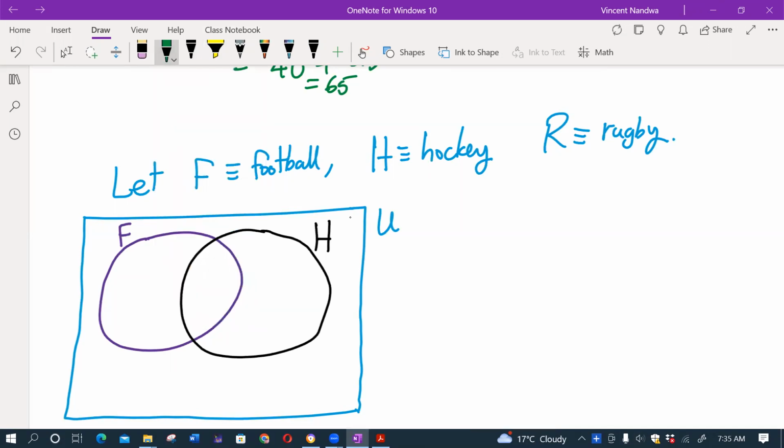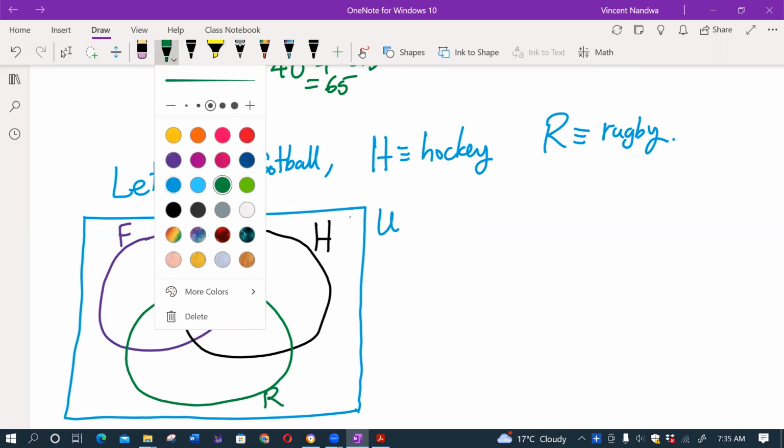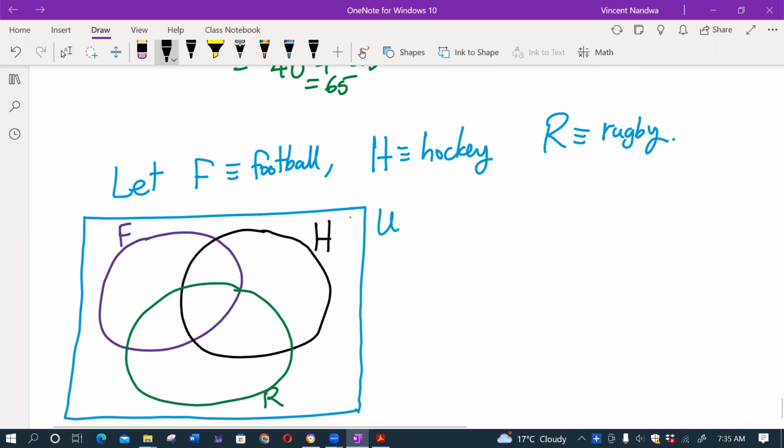And lastly, let this be the set of students who play rugby. And it's good manners to label these regions by small letters A, B, C, D, E, F, G, and H.